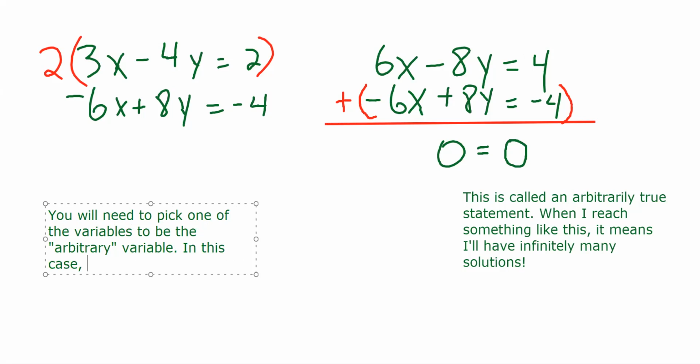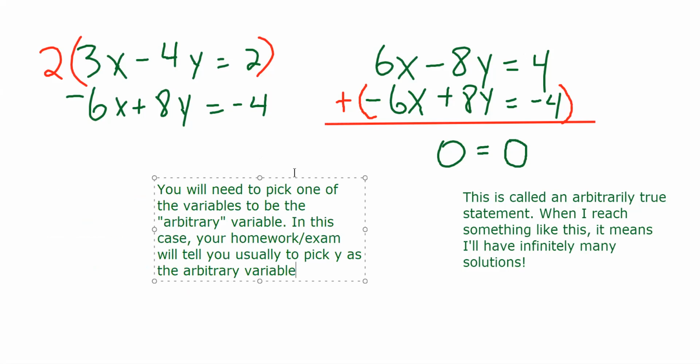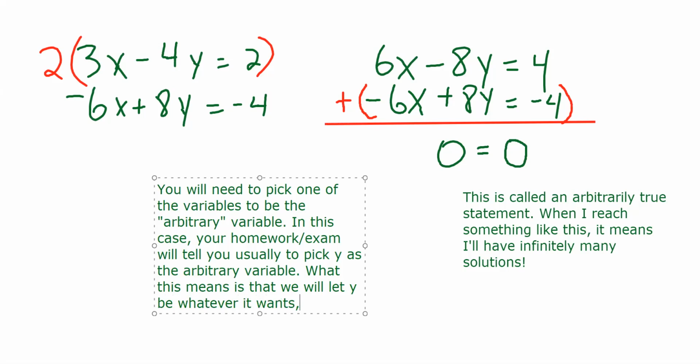In this case, your homework or exam will tell you usually to pick y as the arbitrary variable. What this means is that we will let y be whatever it wants and solve for x in terms of y.